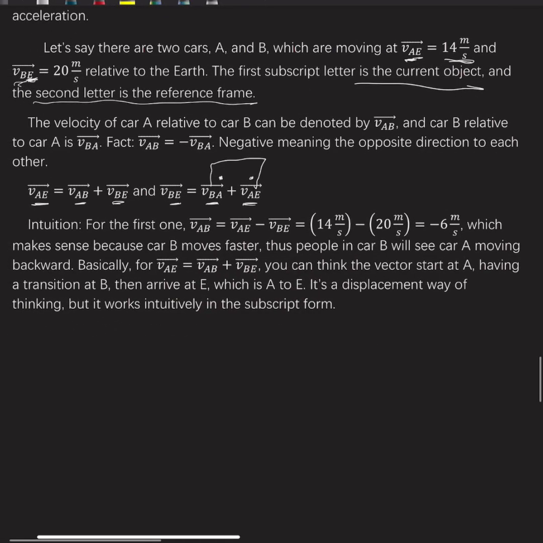For the first one, velocity AB is equal to velocity AE minus velocity BE, where 40 meters per second minus 20 meters per second is equal to 20 meters per second. Car B is moving faster, so those people in car B looking at car A see it moving backwards. So basically, VAE equals VAB plus VBE: you can think of a vector starting at A, making a transition at B, then arriving at E, which is A to E. It's not really correct, but it kind of makes sense for you to understand what is going on here.